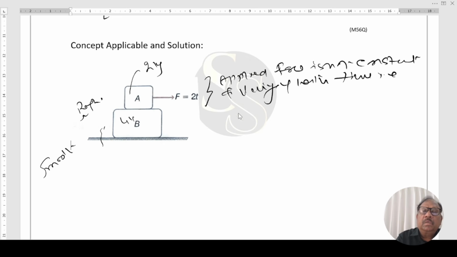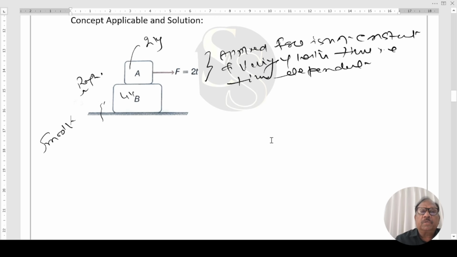That is time dependent. Now in this case, this is the rough surface.